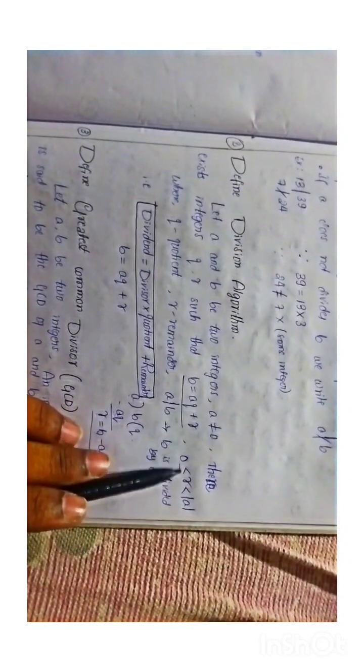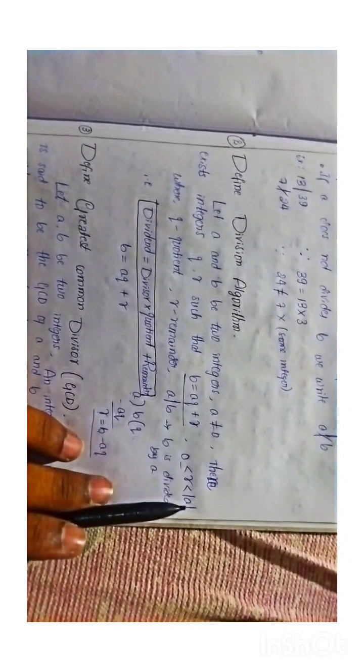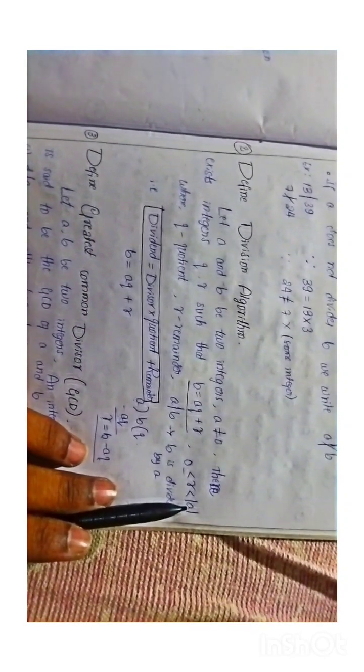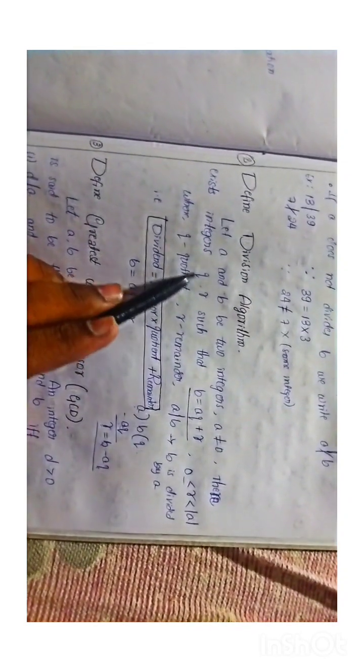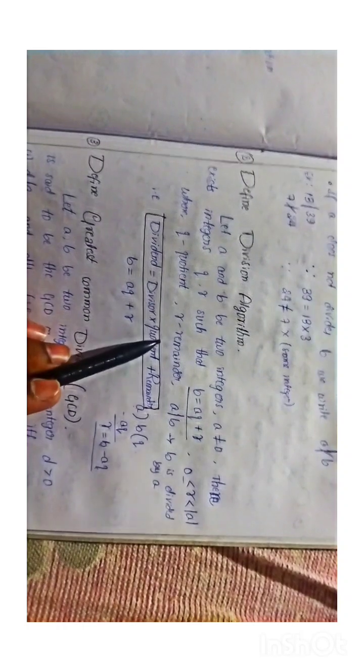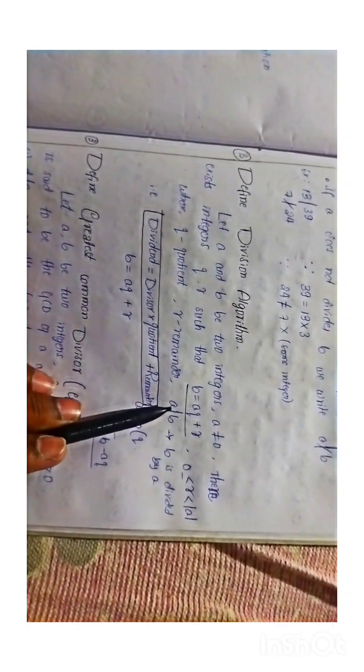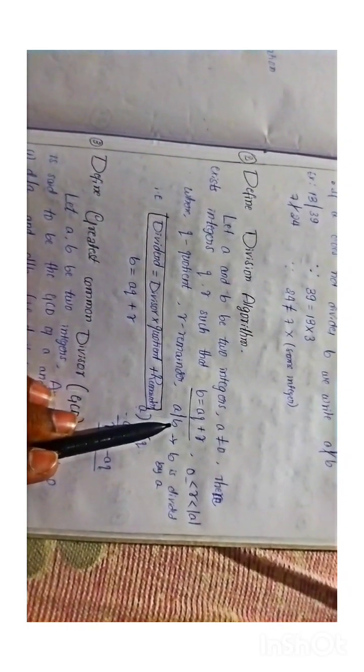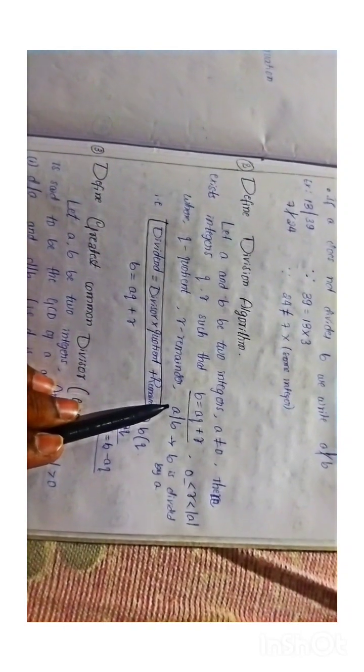So r always lies between 0 and the positive integer |a|, where q is the quotient and r is the remainder.